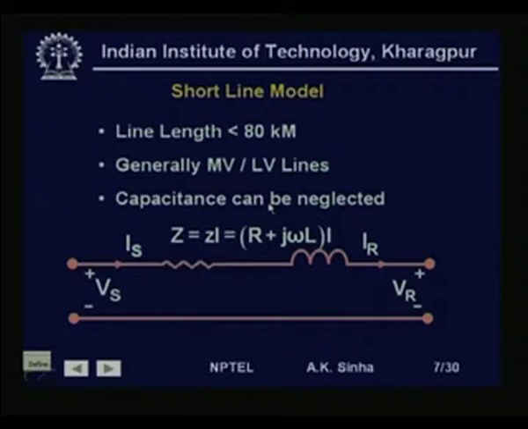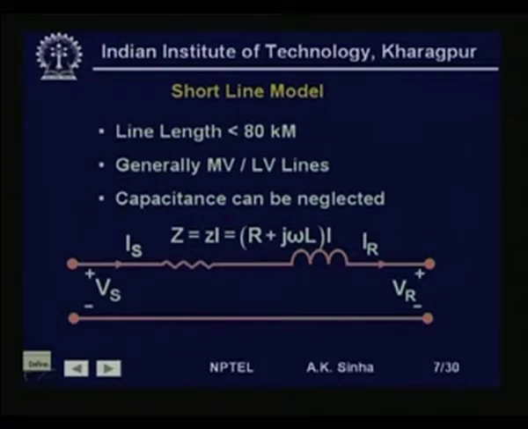In that case, the lumped parameter model for the transmission line will consist of only the resistance and inductance, that is the series impedance of the line, the series resistance of the line and the series inductance of the line.